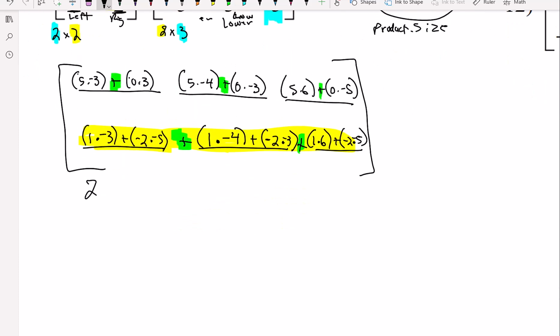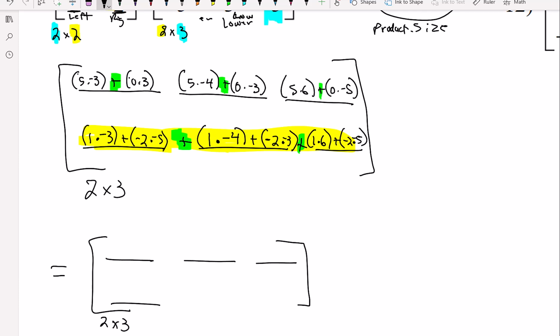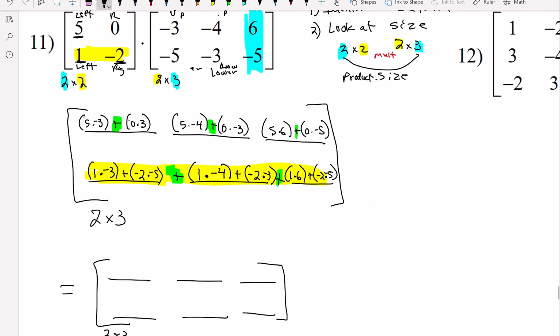So this is 2 rows by 3 columns. So the final answer when we simplify will be 2 rows by 3 columns. You don't have to do this. I do that just so I can kind of keep my place. So 5 times -3 is -15 plus 0. So this is -15. And then -20 plus 0.